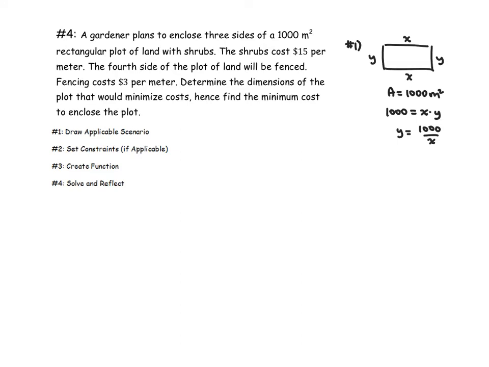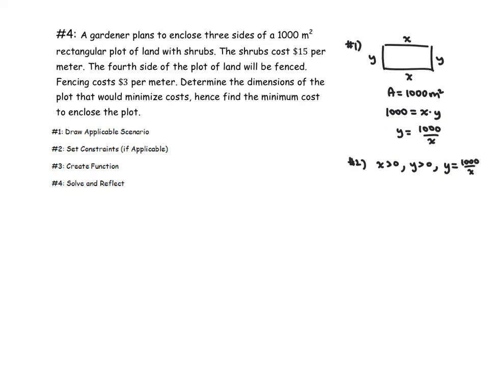All right, so constraints. Just generally speaking, x and y have to be positive, right? So number 2, x has to be greater than 0, y has to be greater than 0, and I'm going to say that y equals 1,000 over x.